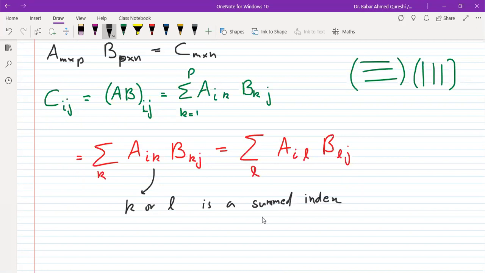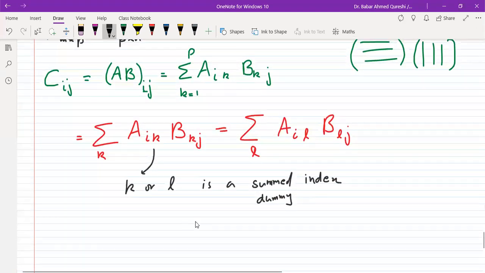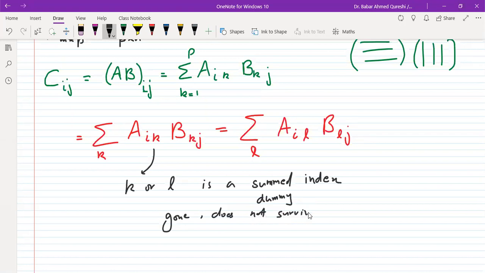Another name, some people call it dummy index. So it's summed over, so it's gone, or does not survive in the sum on the left hand side.